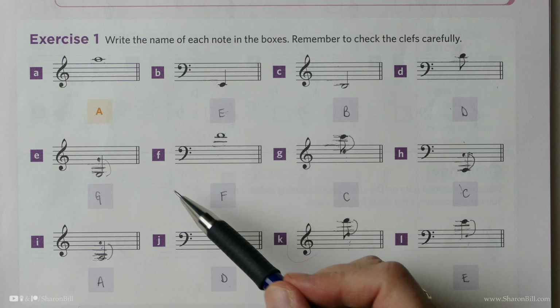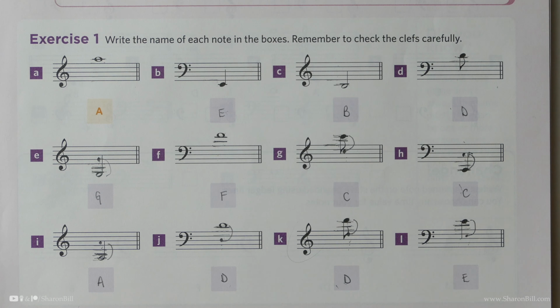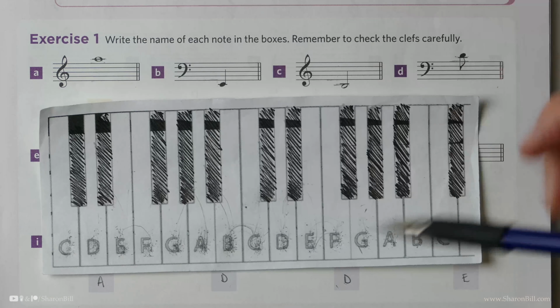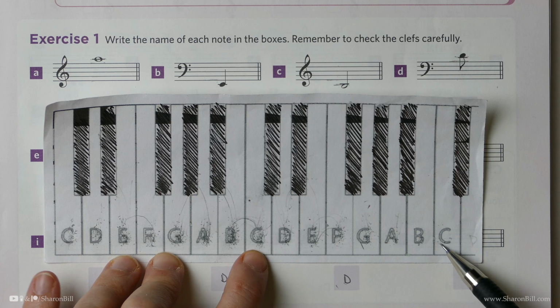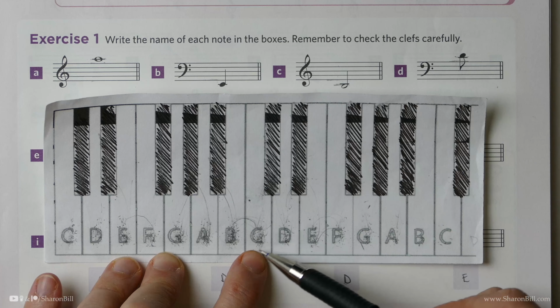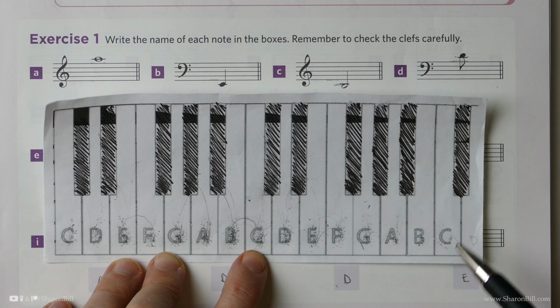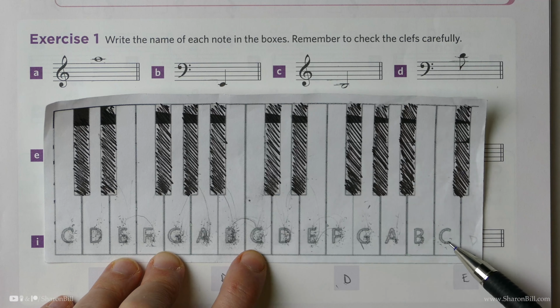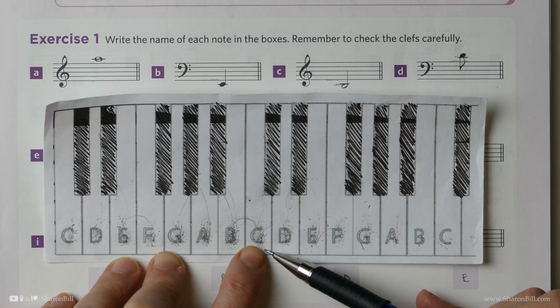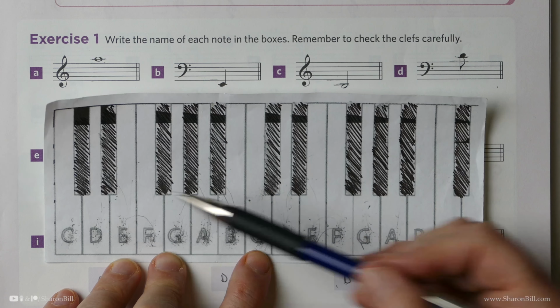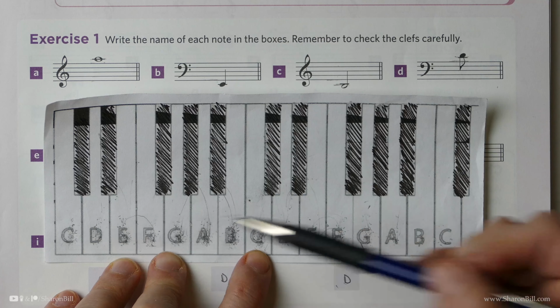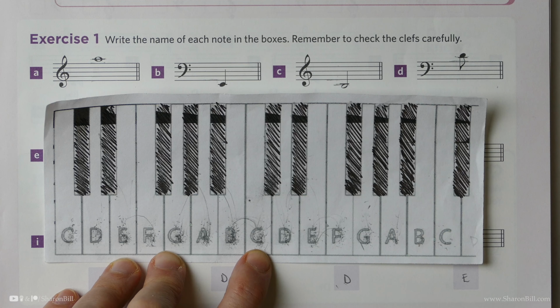Because it goes A, B, C, D, E, F, G, A, B, C, D, E, F, G, we can see that we've got that same letter name, for example C, repeated many times up the range of the instrument, whichever instrument you're playing. It's the same letter name, but it's not the same pitch because we have an octave higher. An octave higher gives a very different sound. It's a different pitch, an octave apart, just given the same letter name.